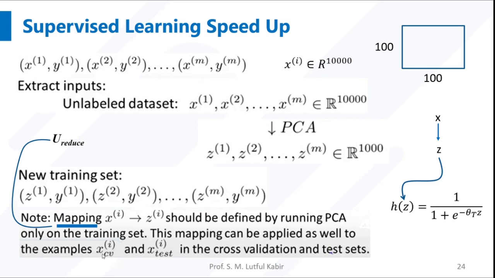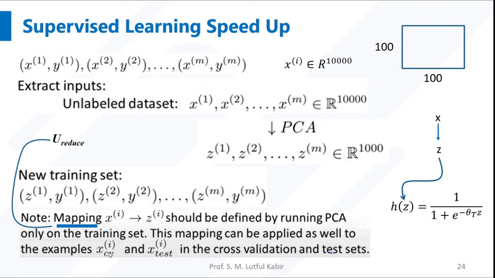In fact, of the given data, 95% or 90% you keep as a training set, a small percentage as a cross validation set, and the remaining as a test set. So once you get the mapping, you just apply it to the cross validation set, and then you see the result, and if it is satisfactory, then you proceed to apply the test.